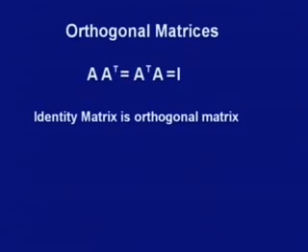One can actually work out A and A transpose. A happens to be the identity matrix, its transpose is also the identity matrix, because the identity matrix is a diagonal matrix, so its transpose will also be the same, and multiplying the identity matrix with itself is again an identity matrix. So the identity matrix is a good example of orthogonal matrices.